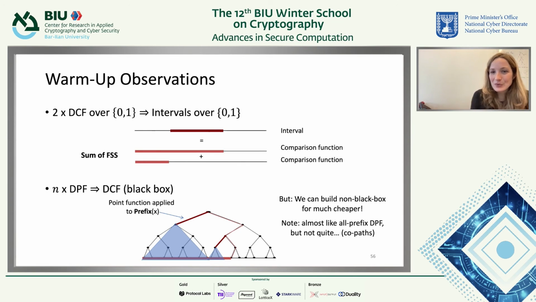Intuitively, it's almost leveraging the fact that this DPF construction is an all-prefix FSS. Unfortunately it's not identical; it's not exactly the same prefixes as you'd want here. For example, this all-prefix DPF would evaluate to 1 along the path, whereas here you want it to evaluate to 1 as soon as you go off the path in the right direction.